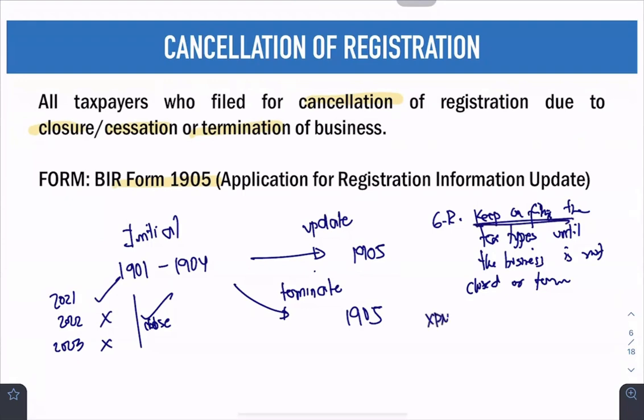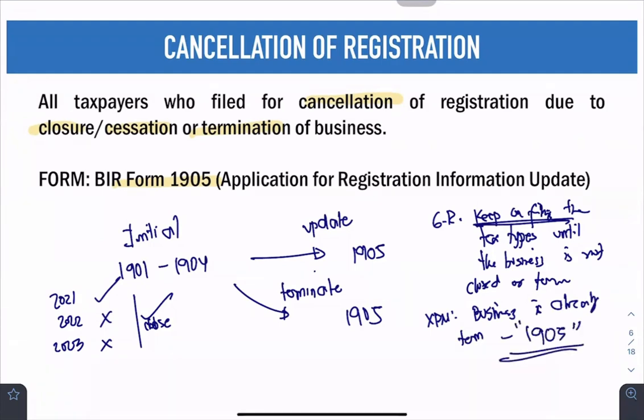So the exception here is the business is already terminated as evidenced by BIR form 1905. So you keep on filing unless and until the business is already terminated using BIR form 1905.